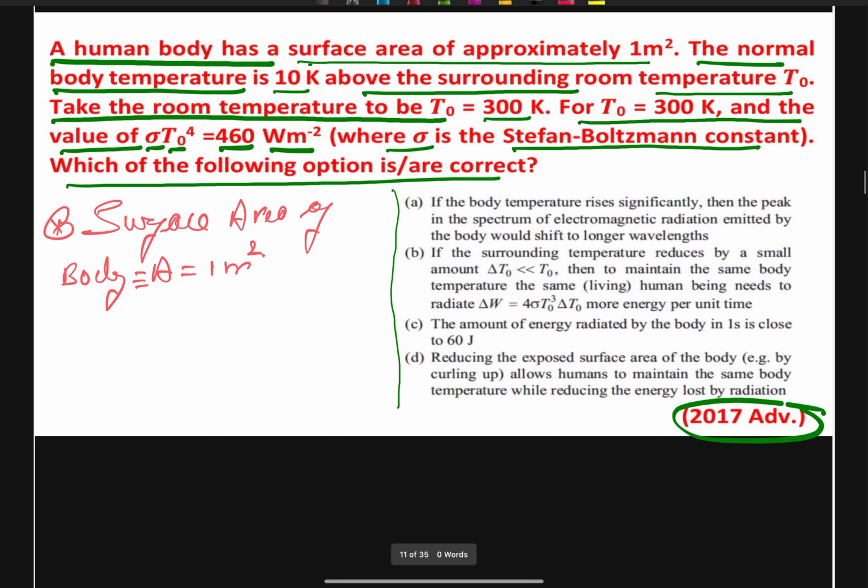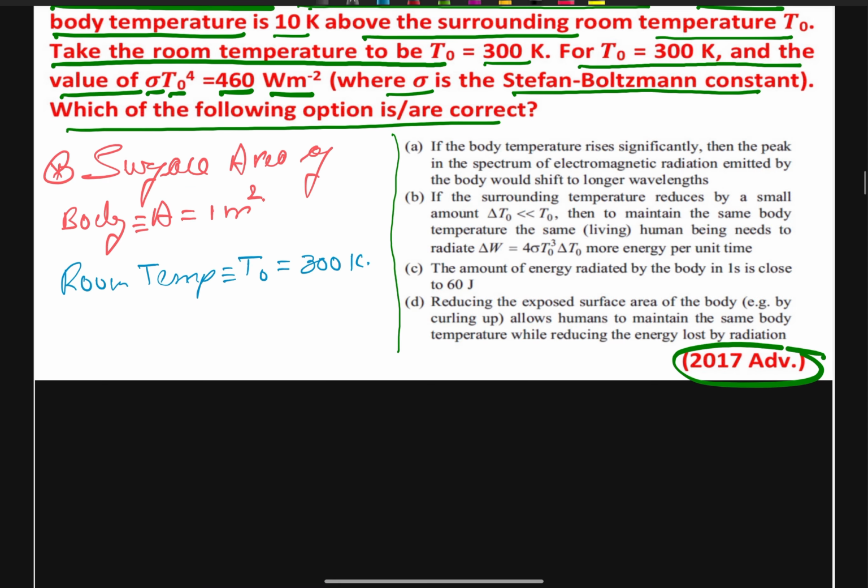We are given the room temperature T0, which is 300 Kelvin, and the body temperature is 10 degrees above the room temperature.